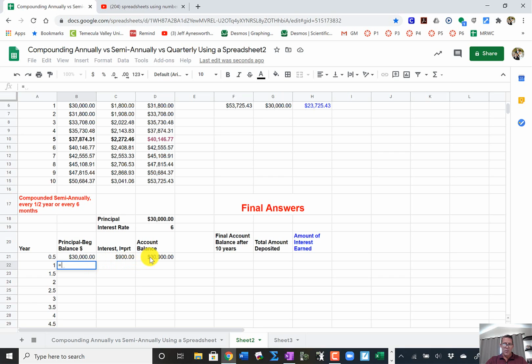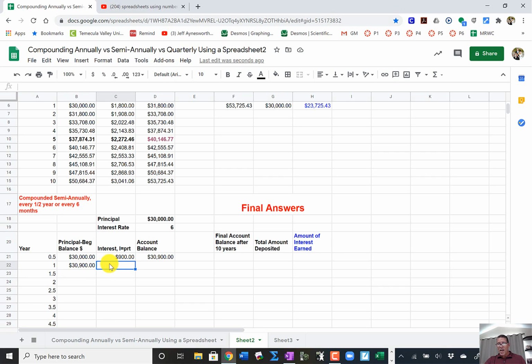So you click on D21, which is the ending balance from the previous period, and you hit enter. And notice that number now is used in the next calculation, the next half a year period. So in the next 6-month period, you start off with $30,900, and now you calculate the interest on that.